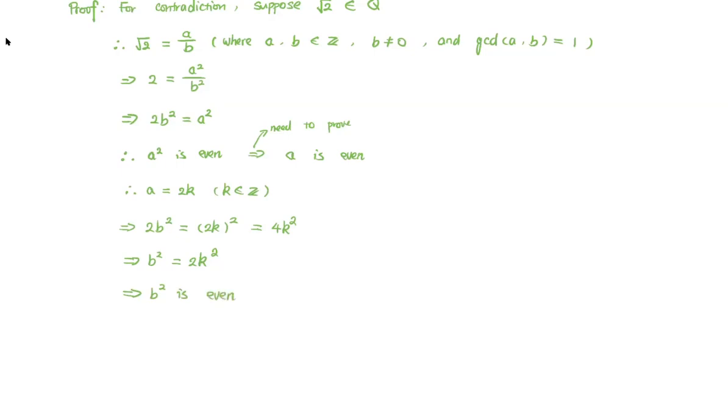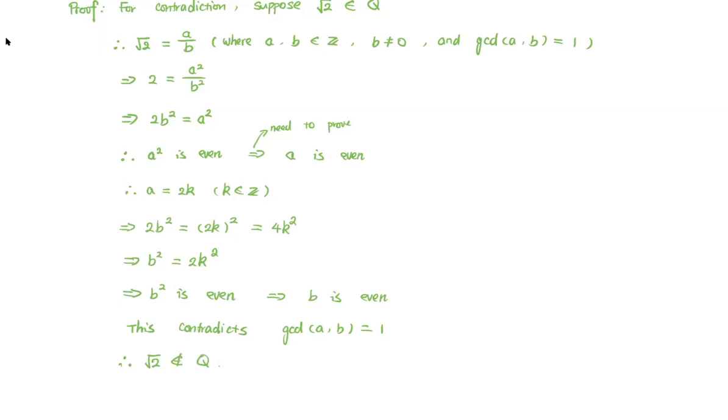Okay, b squared is even implies b is even. Now we have a and b both even. Then GCD of a and b is not 1. This contradicts GCD of a and b equals 1. Therefore, square root of 2 is not rational.